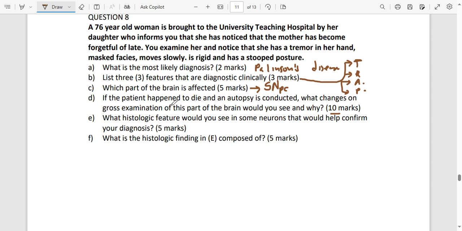This is not histological because this is on autopsy. There is gross examination. So what are you going to say on gross examination if someone has died and then you are doing an autopsy on someone with Parkinson's disease?